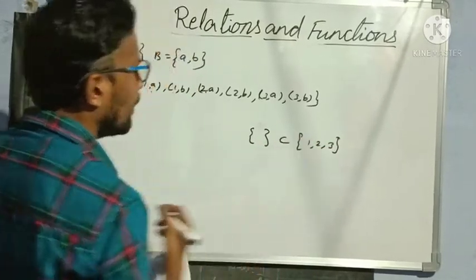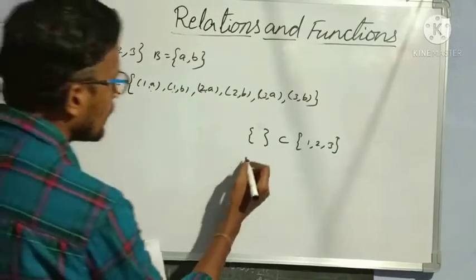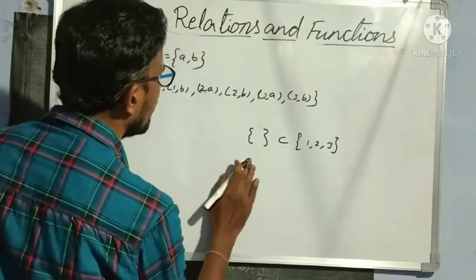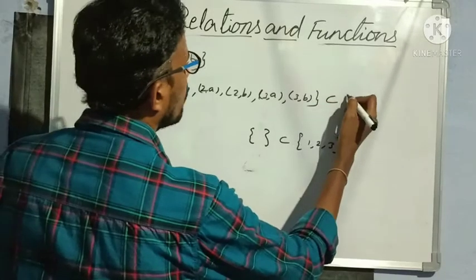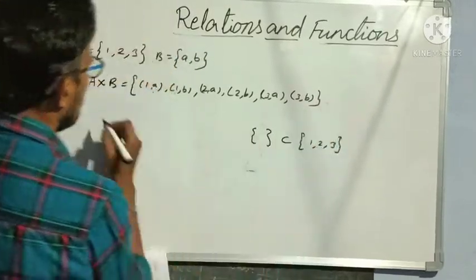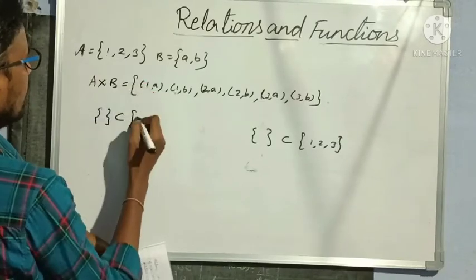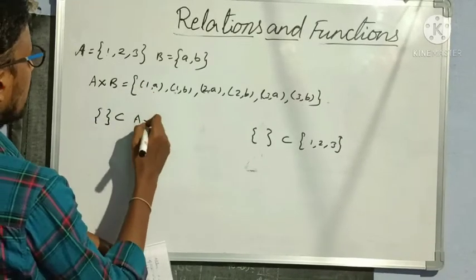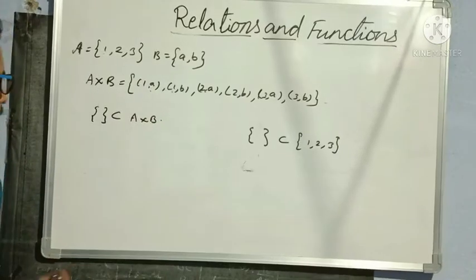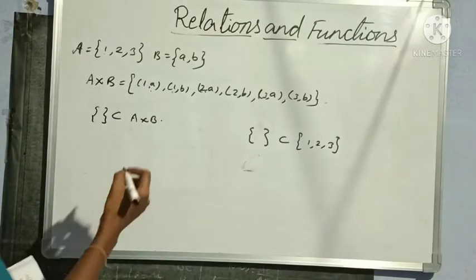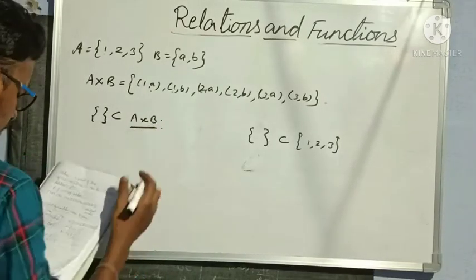In the same way, if I take the empty relation, the empty relation is a subset of A cross B.